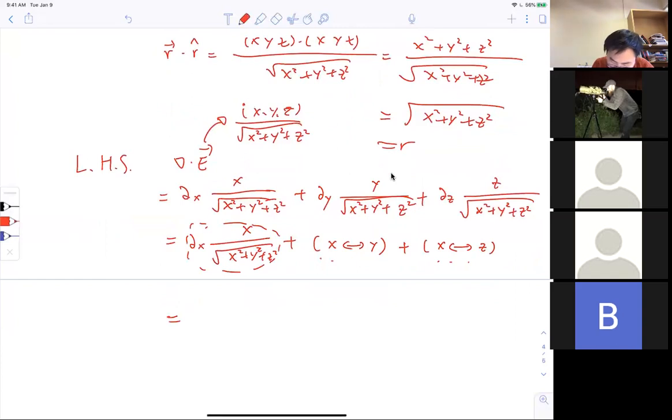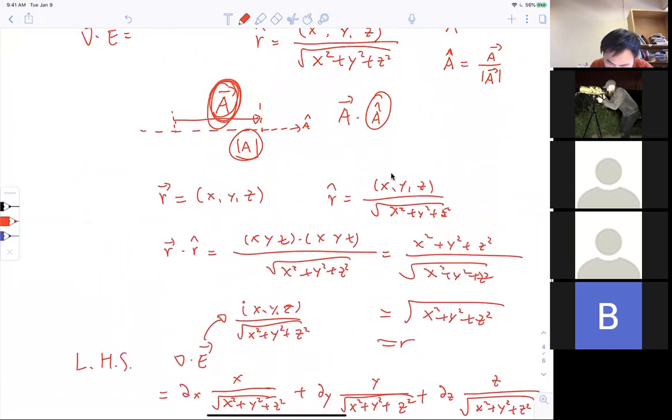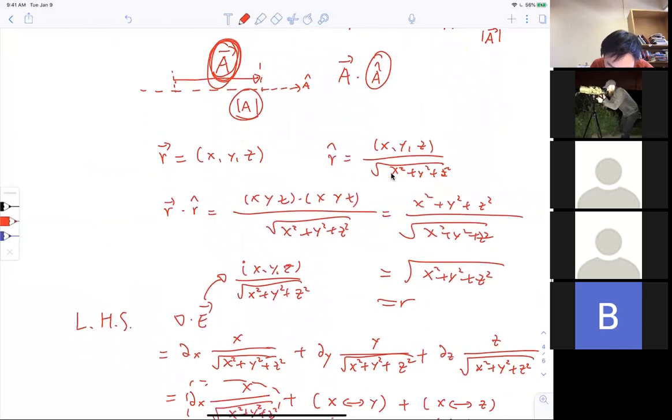For the first term, you can do the derivative by yourself. This is x squared plus y squared plus z squared, to a power. Take a derivative. And the minus x times, take a derivative, you get... Sorry, here this one is r.